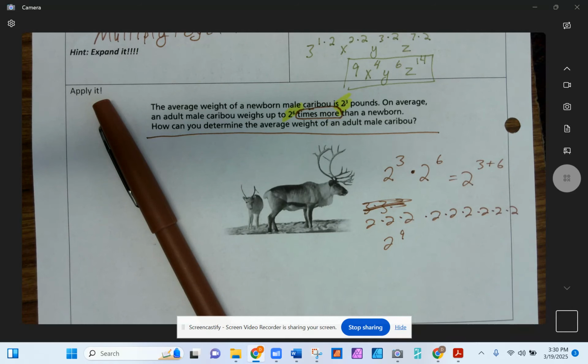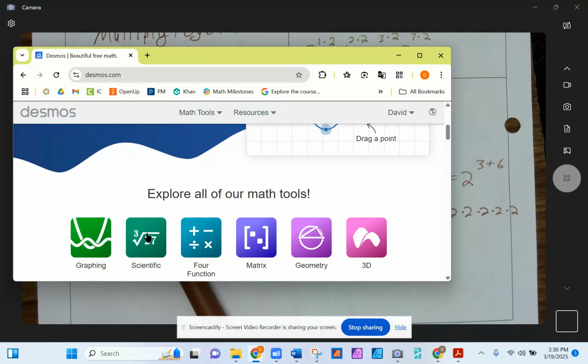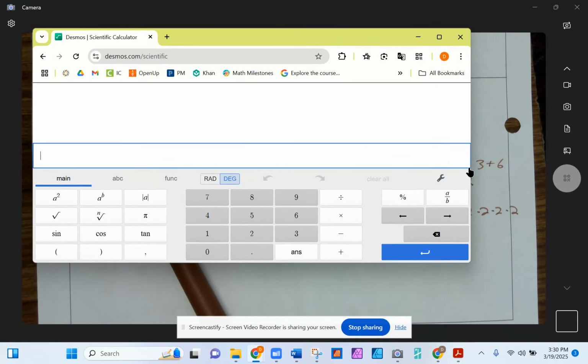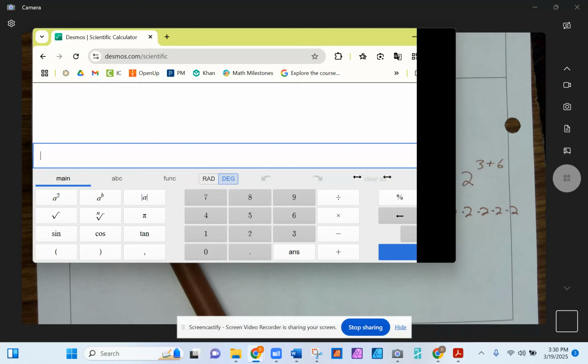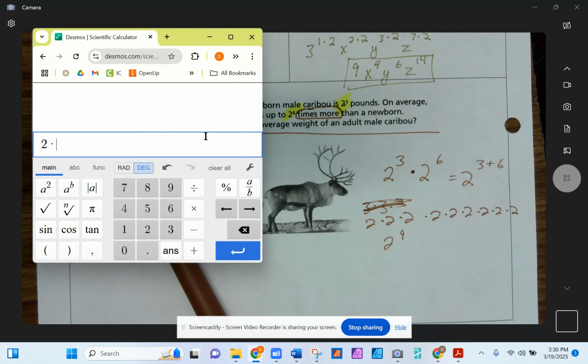But let's have the calculator do the math for us. We want the scientific calculator. So we can say 2 times 2 times 2 times 2, 4, 5, 6, 7, 8, 9.